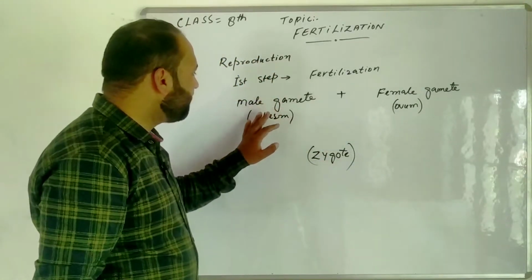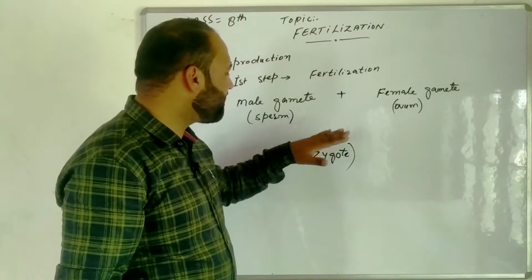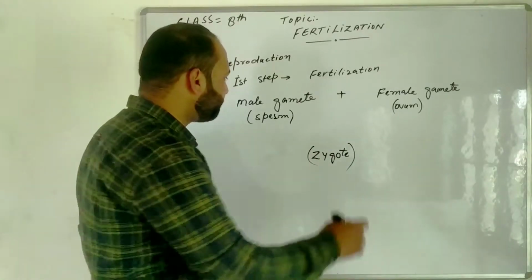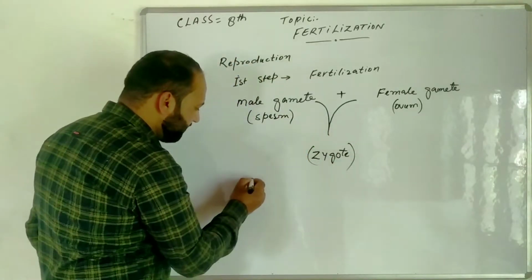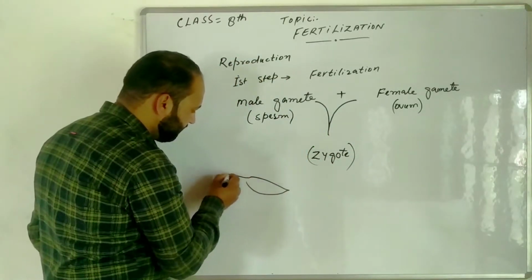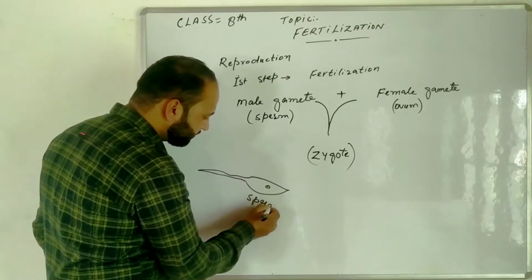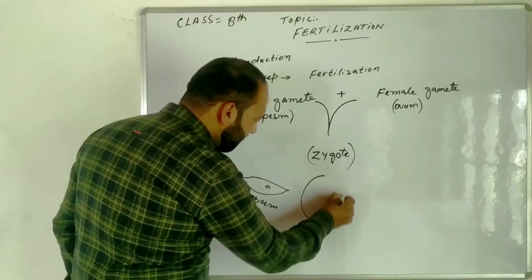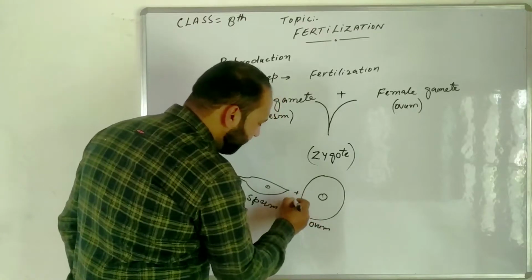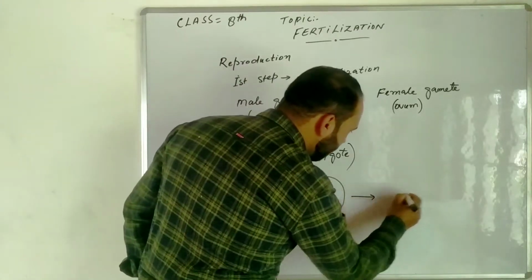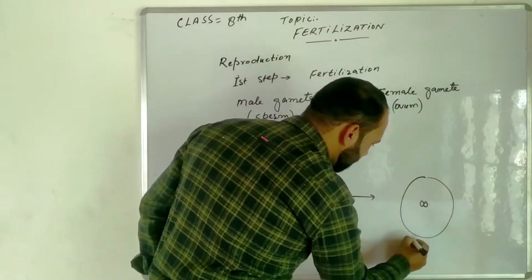During fertilization, the male gamete, the sperm, and the female gamete, the ovum, fuse, get together, and form another body that is called a zygote.